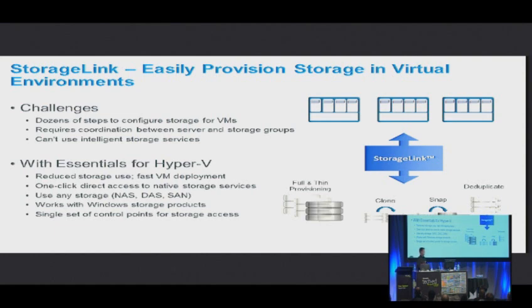So rather than try and manage it and get our hooks into the controller hardware and take away that functionality that you've already bought and paid for, we just pass the commands through to the SAN controllers and the storage controllers to let them do what they do best, which is clone, snap, dedupe, replicate, HA, and so on. The good thing is it actually works with any type of storage, whether it be NAS, SAN, and direct attach is actually coming in later on or early next year.